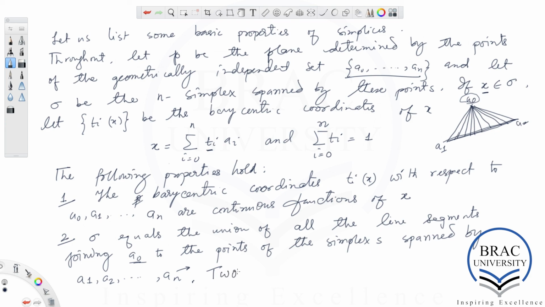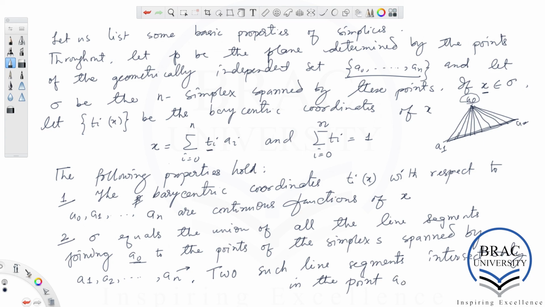Two such line segments intersect only in the point A0.